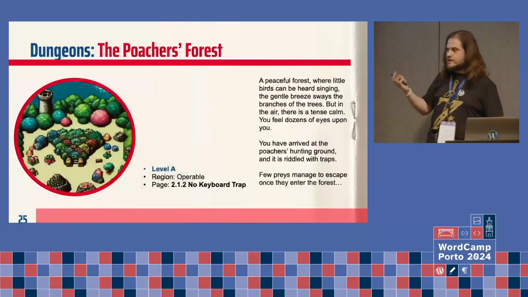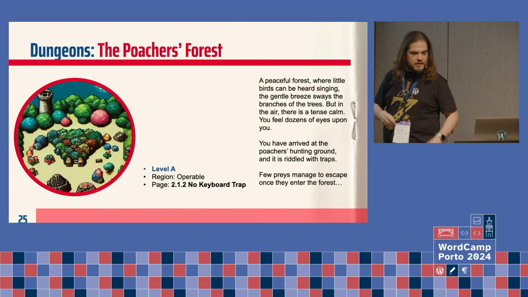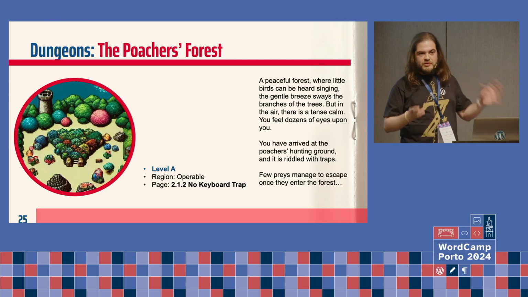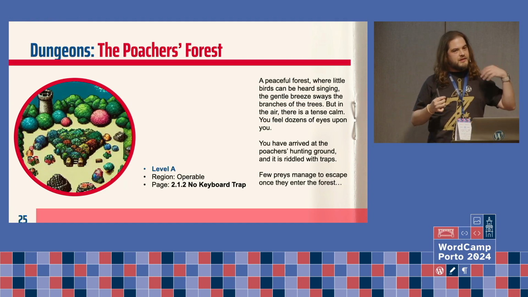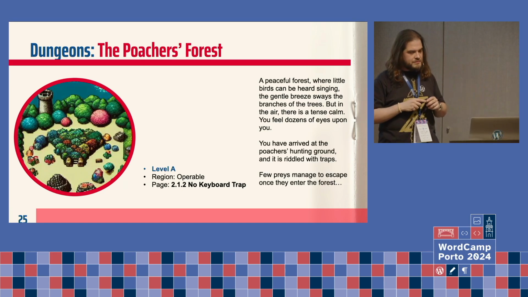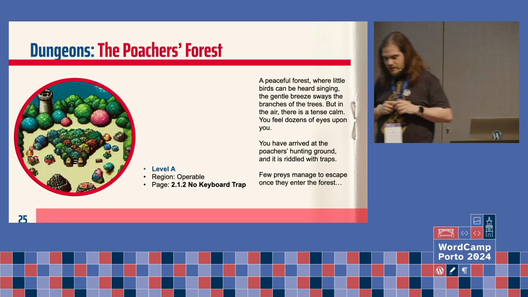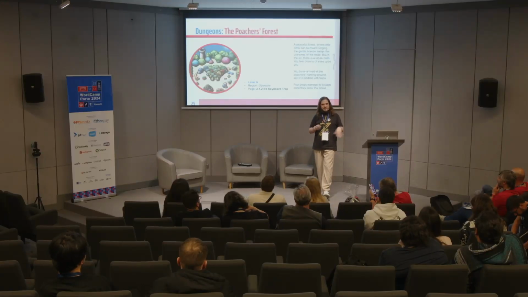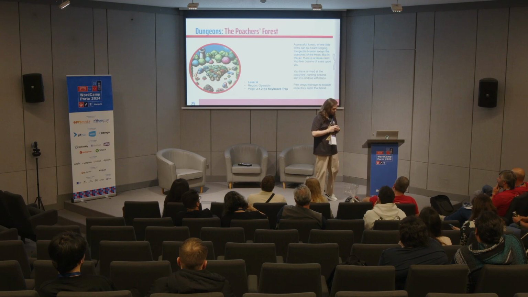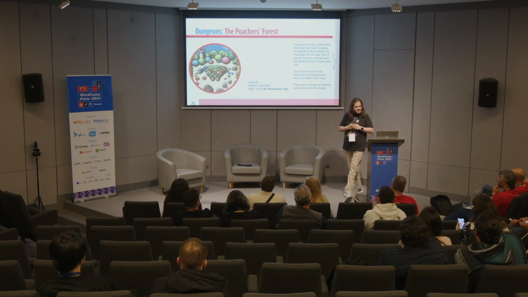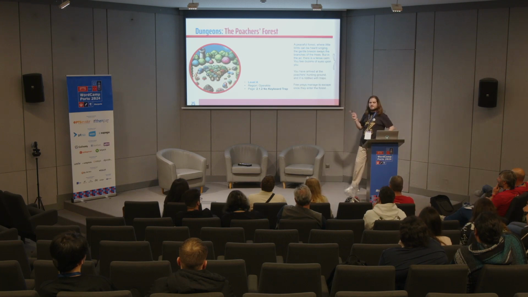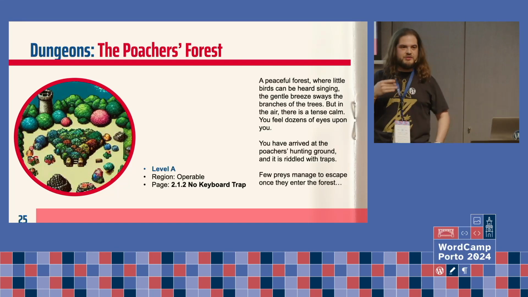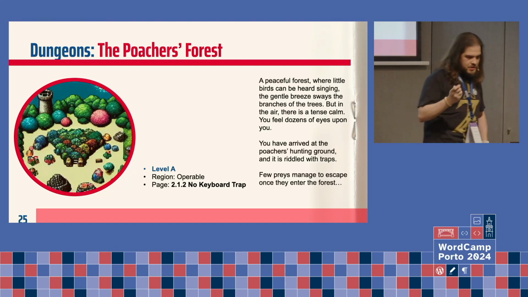If we continue, we get to the poacher's forest. In this peaceful forest, you can hear birds singing, but with the first step that you make, you feel dozens of eyes upon you. And this feeling is weird. Well, the thing is that here it is really difficult to escape once you activate a trap.